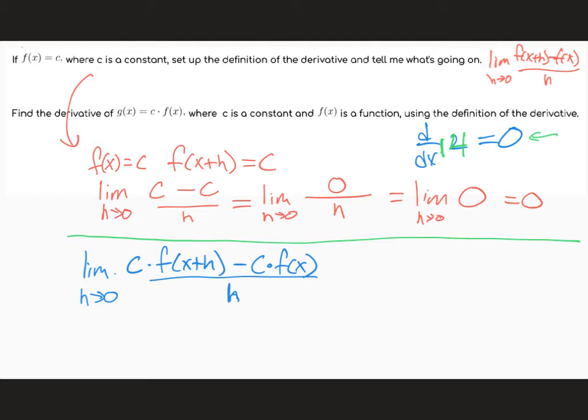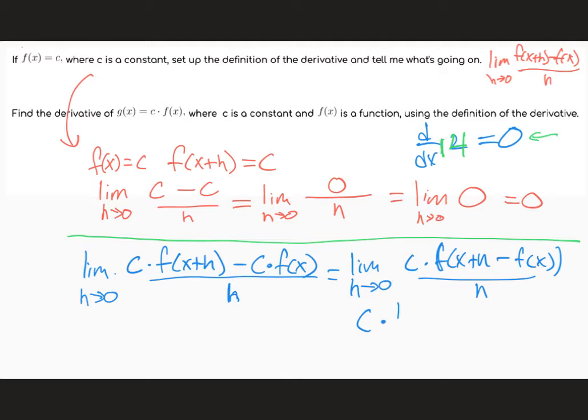What I'd like you to notice is that we can factor out a c. So we get the limit as h approaches 0 of c times f of x plus h minus f of x over h. And what I'd like us to remember way back when we talked about limit properties is the limit of a constant times stuff, we could write that constant out front.